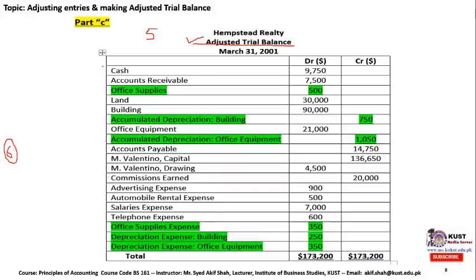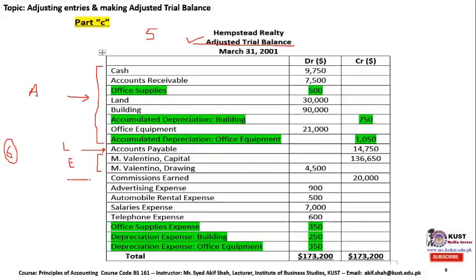So we can analyze our adjusted trial balance starting from cash up to accumulated depreciation office equipment. These are titles relevant to the asset portion of the company. After that we have only one liability. Afterwards we have the equity or capital portion of the company, which is Hampstead Realty.